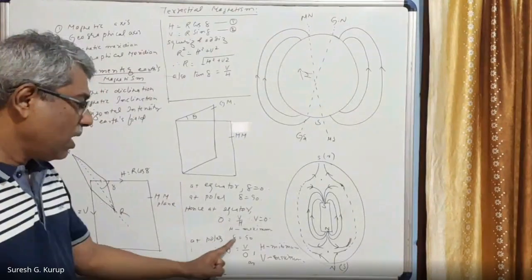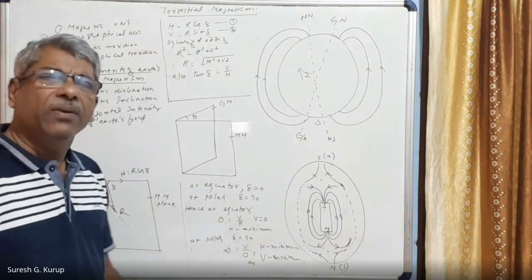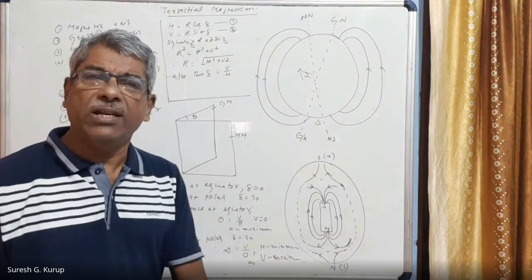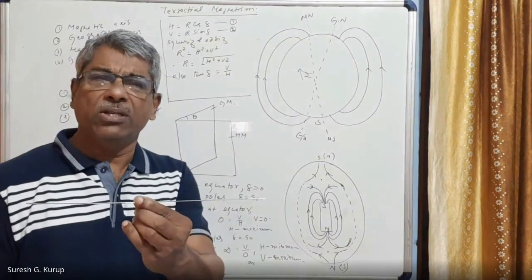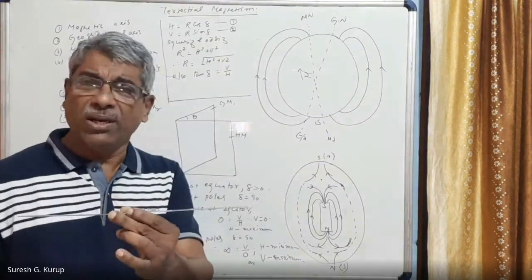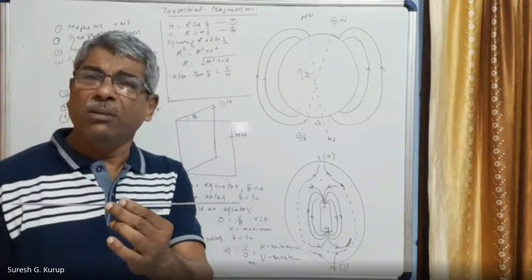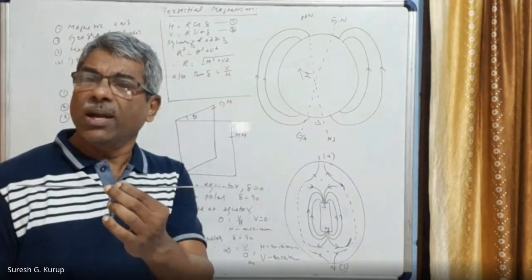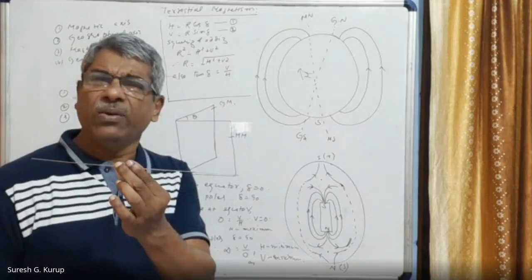At the poles, delta is equal to 90 degrees. If you take a magnet from the equator to the poles, you will see that at the equator it is quite horizontal. That means delta is equal to zero. With the horizontal, the resultant magnetic field is not making any angle at all. So at the equator, a magnet will stand very horizontal.